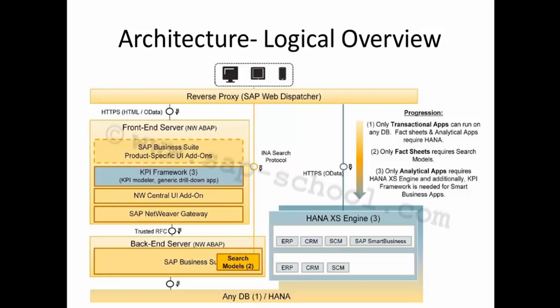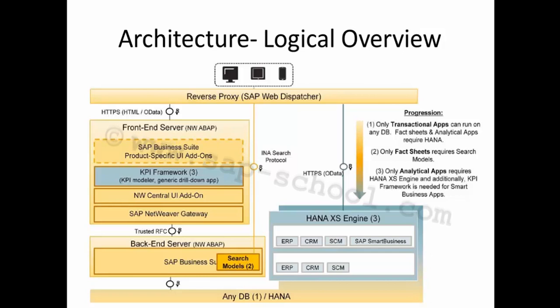Then we have the Access Engine. The Access Engine contains the SAP Fiori app content and the VDM, that is the virtual data model reuse content. This content is provided through SAP HANA Live, which is included with SAP HANA as a separate package to be installed. So this is the complete architecture for all the SAP Fiori apps.